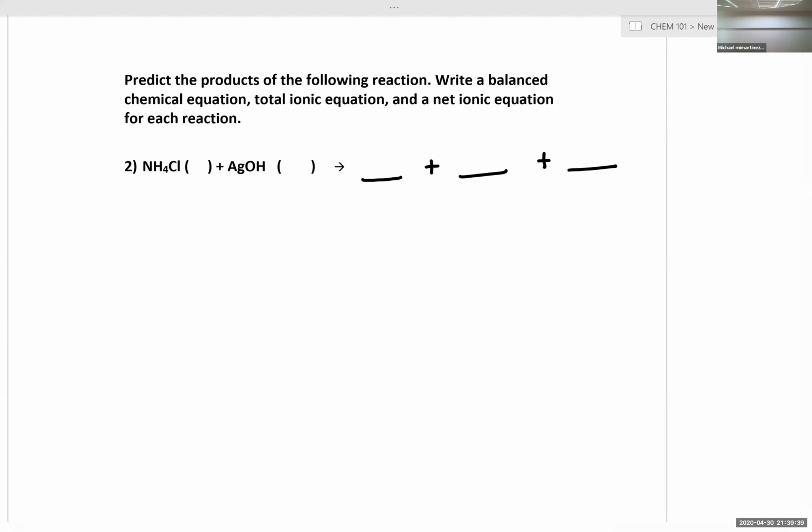Once you have your equation, you can message me your balanced chemical equation, and then finally your net ionic equation. So let's take about 4 minutes to work on this, and then we'll discuss.